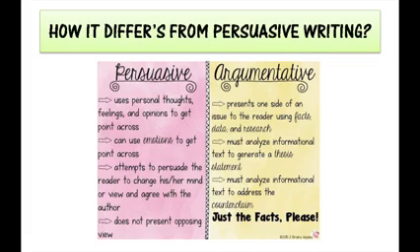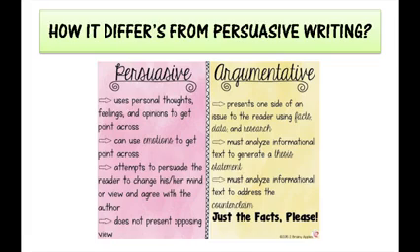The second point is the persuasive writing can use emotions to get point across, whereas in argumentative writing, it should analyze informational text to generate a thesis statement. So it is again based on facts and it should search for informations.